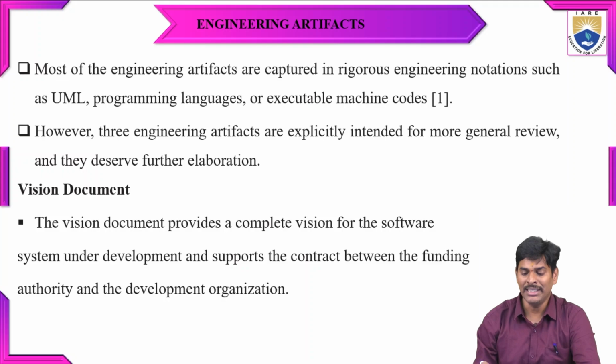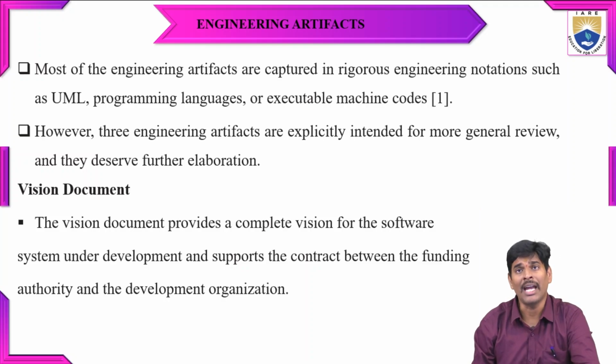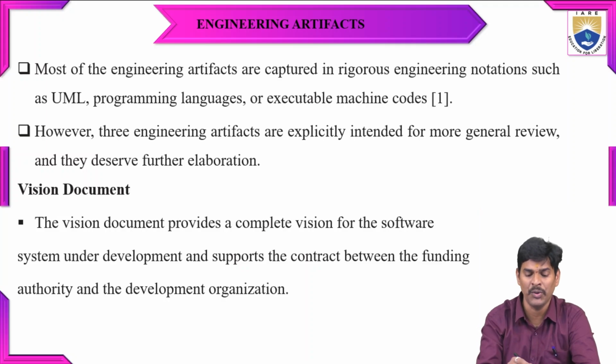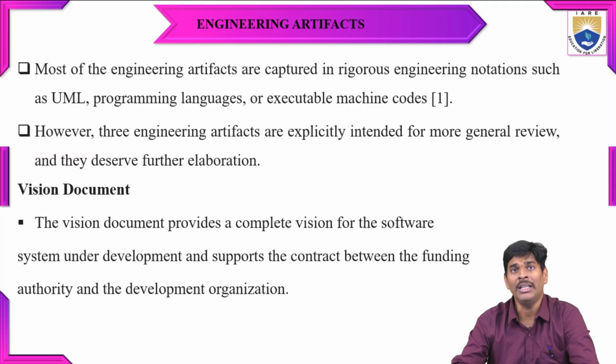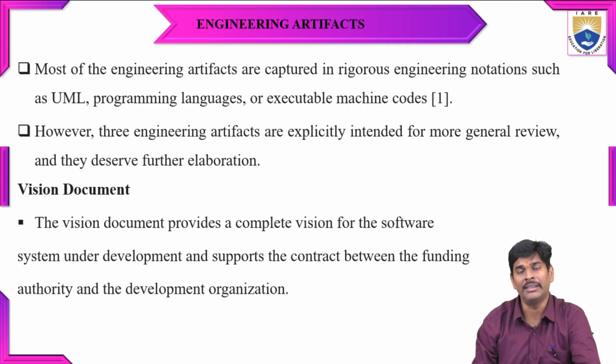These engineering artifacts are captured in rigorous engineering notations such as UML, that is Unified Modeling Language. UML provides different types of notations such as objects, class, and deployment, packages, and different notations for programming and executable code.